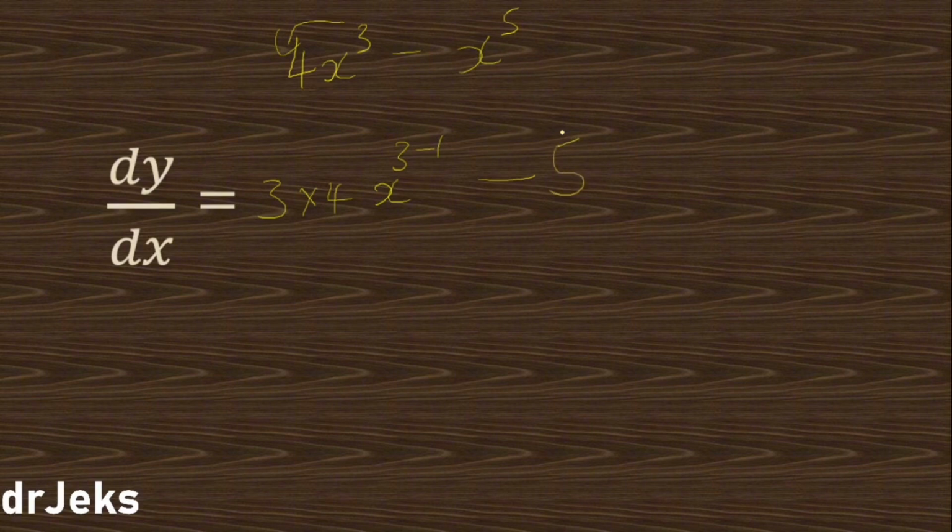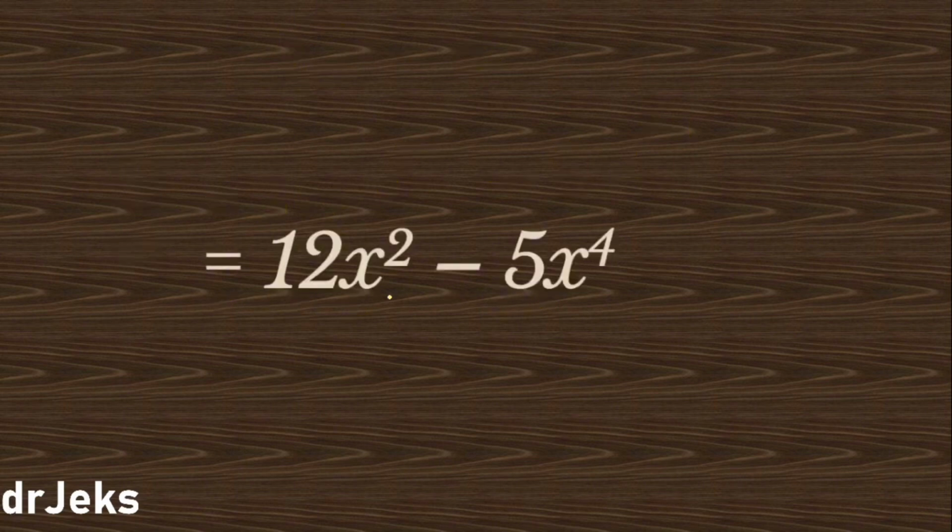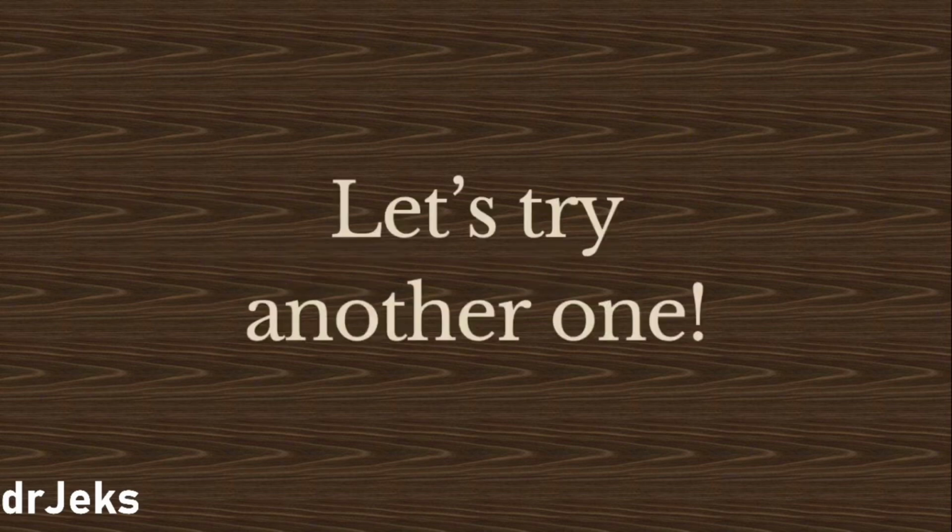We bring the 5 there, 5 multiplied by x to the power 5 minus 1, and this will lead us to 12 times x to the power 2 minus 5x to the power 4. Alright, so 12x squared minus 5x to the power 4. That's our problem. Very simple, right?